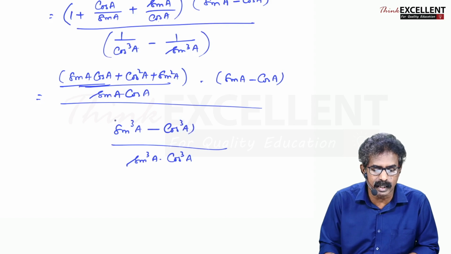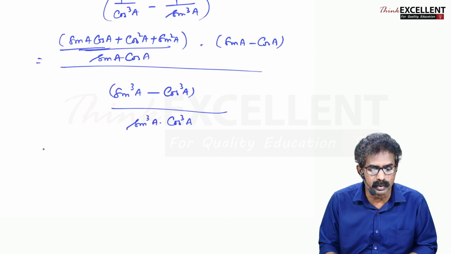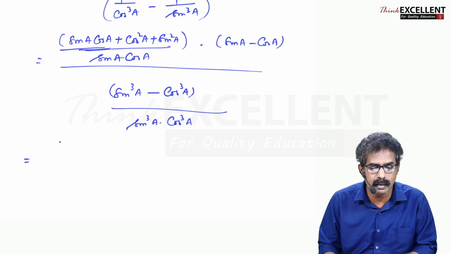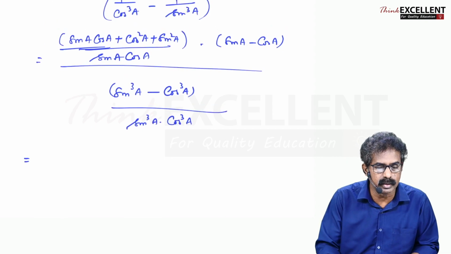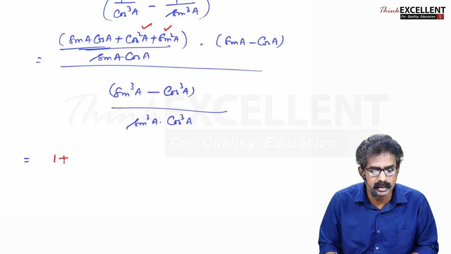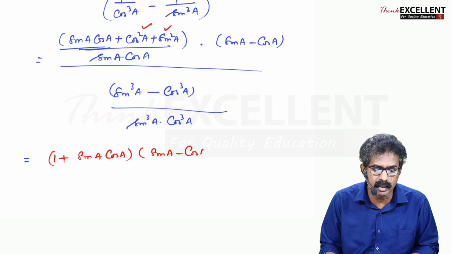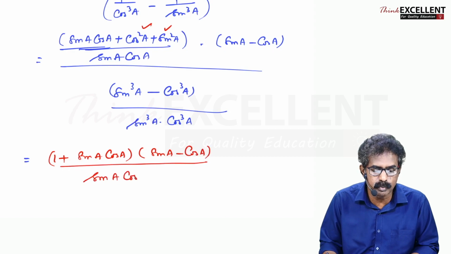Now please listen the next step. Division, we write multiplication and you write upside down, right? So see what you are getting here. Here you can simplify this. Sin square A plus cos square A is 1, right? So 1 plus sin A cos A into sin A minus cos A, whole divided by sin A cos A. This is the numerator.